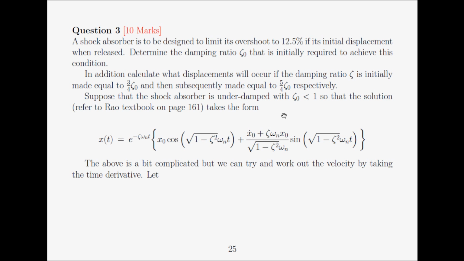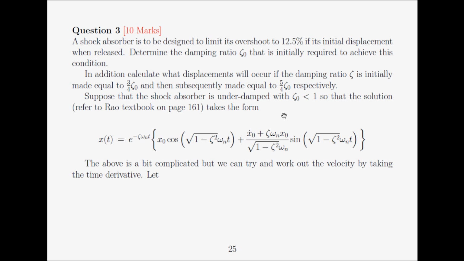Okay, now we come to question 3. This question is basically on a shock absorber system. Essentially, there is a system with a mass, a spring, and a damper, and based on certain physical characteristics for the system, the response overshoots by a certain amount, and we have to figure out the damping factor corresponding to this particular condition.